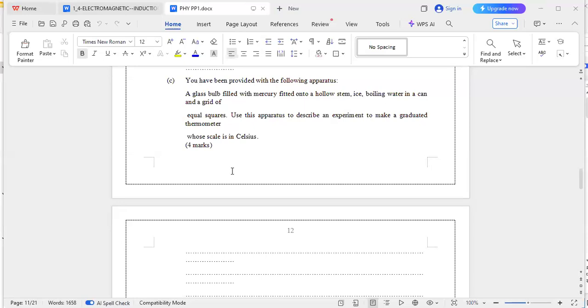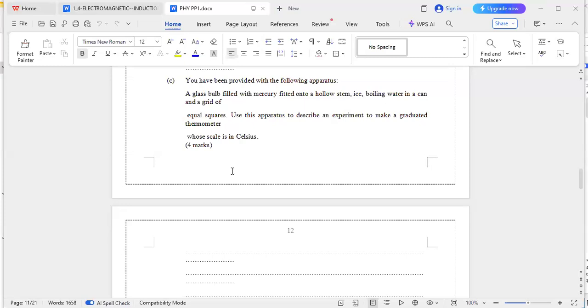Use the grid to divide distance XY into 100 equal divisions. Then you conclude by saying that each division represents 1 degree Celsius.